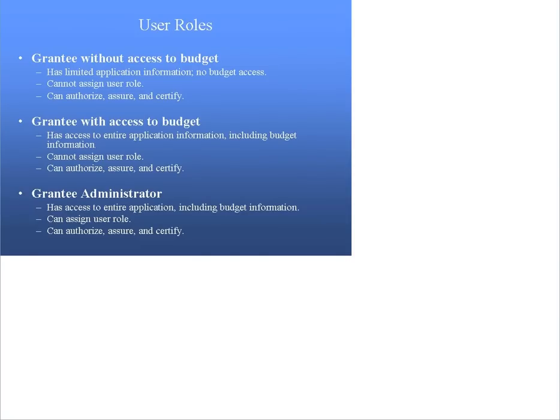Therefore, the authorized representative of the organization can have any user role assigned to him or her and be able to complete the electronic signatures. However, the authorized representative must have his or her own account with which to log on in order to complete the sections so that the system can recognize and register their name.